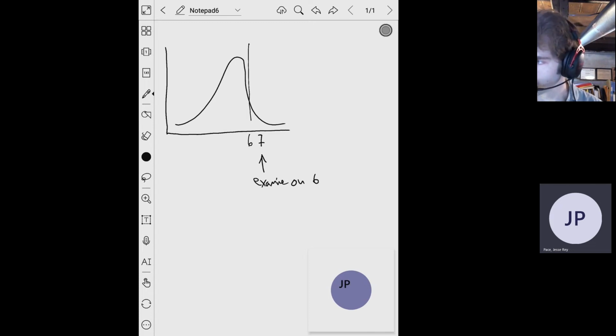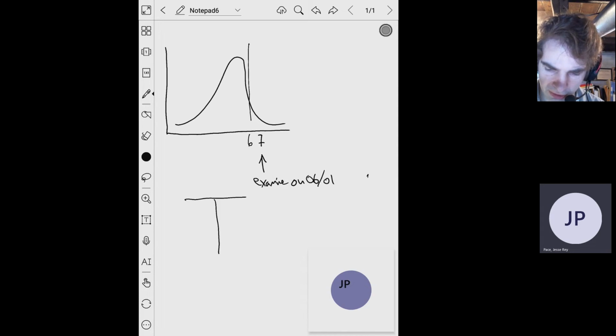And then let's say that we give them another examination. We'll go ahead and create a table for them. Say these are dates and these are scores.